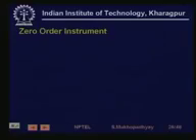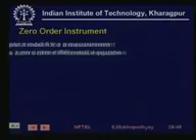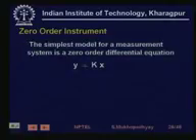So accordingly, we have various kinds of instruments. We start with the simplest, which is the zero order instrument, whose characteristic is given by y equal to kx. It is assumed that for the kind of inputs that are relevant to that sensor, the output is instantaneously equal to the input. It's like a resistance: you just apply a voltage, you immediately get a current.